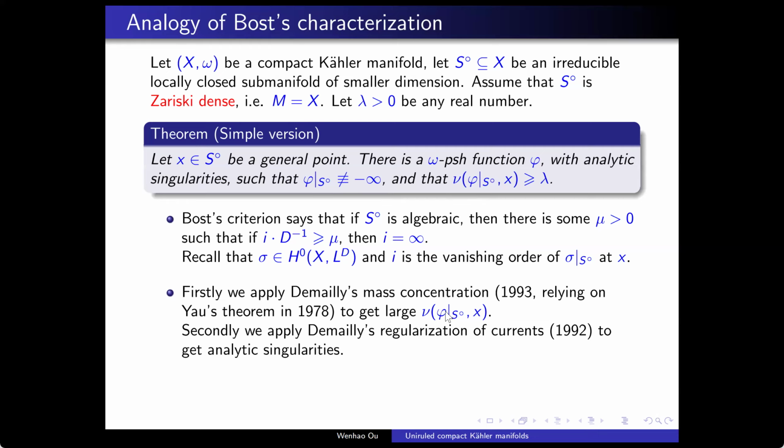But this omega-PSH function may not have analytic singularity. So for the second part, we use Demailly's regularization of currents, introduced by Demailly in 1992, to get analytic singularity. We may get some smaller Lelong numbers, but not much smaller. So by combining these two methods, we can obtain this simple version.